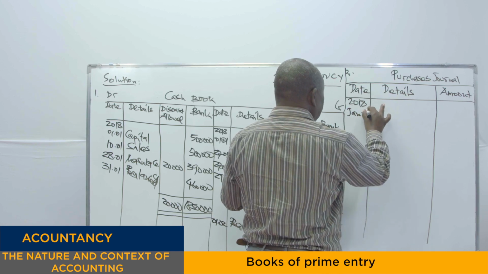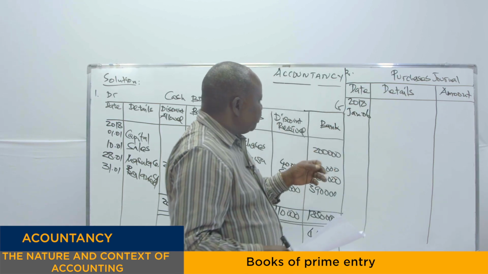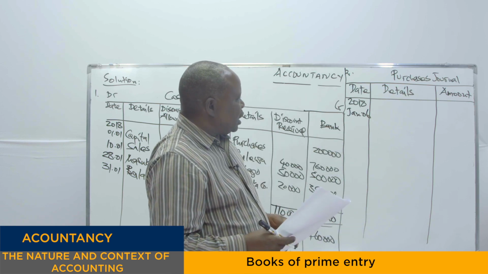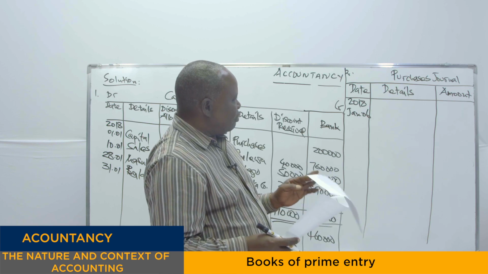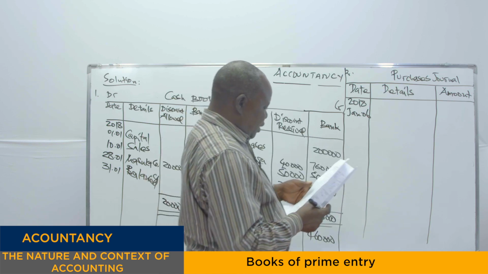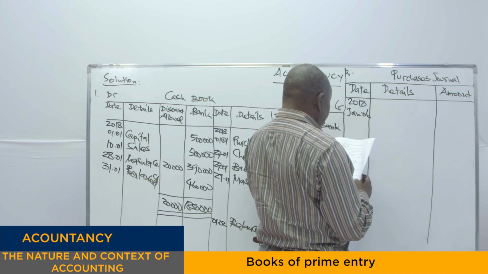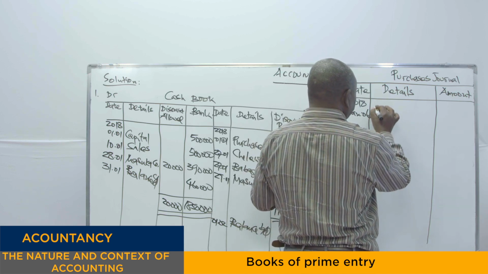January 6th. So our workings or calculation will be shown in the details column. So we just write January 6th. This is Babago.